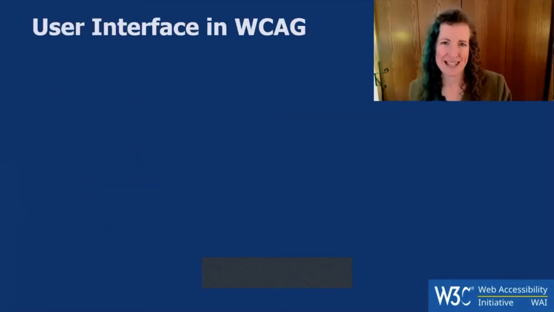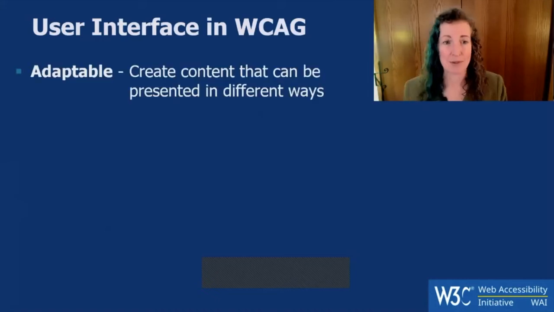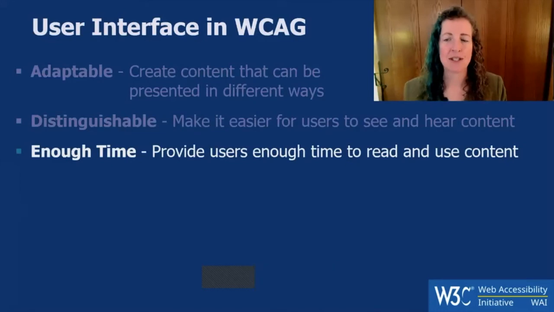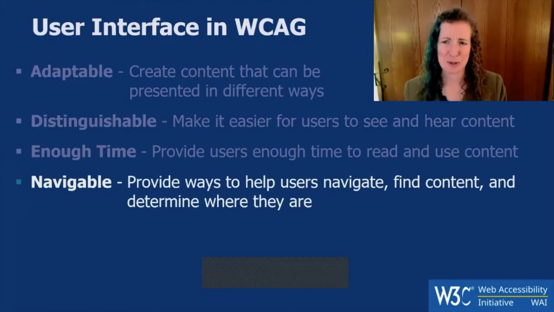It also covers things related to the user interface, such as adaptable, create content that can be presented in different ways, distinguishable, make it easy for users to see and hear content, enough time, provide users enough time to read and use content, navigable, that is, provide ways to help users navigate, find content, and determine where they are.